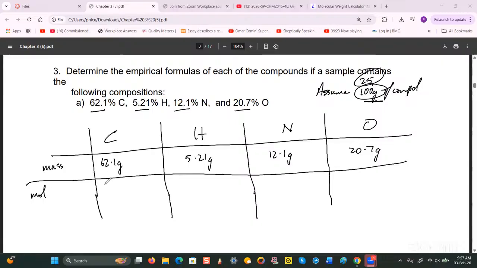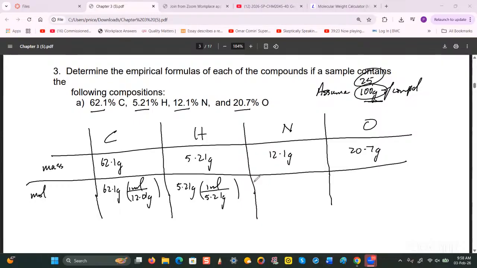So we take the 62.1 grams and we multiply by 1 mole over the molar mass of carbon, which is 12.01 grams. We do the same thing for the hydrogen, 5.21 grams. We multiply that by 1 mole over 5.21 grams.